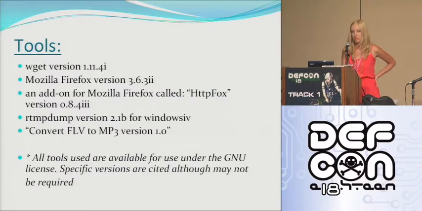All right, so the tools that I use for this, they're all GNU tools: wget, Firefox, an add-on for Firefox called HTTP Fox, which is awesome, RTMP dump, and a converter called FLV to MP3. There are other converters, but this is the one I've used. Now, there are DMCA notices right now on the RTMP dump, and when I originally wrote the white paper for this, there was a website where you could download the FLV to MP3 converter.